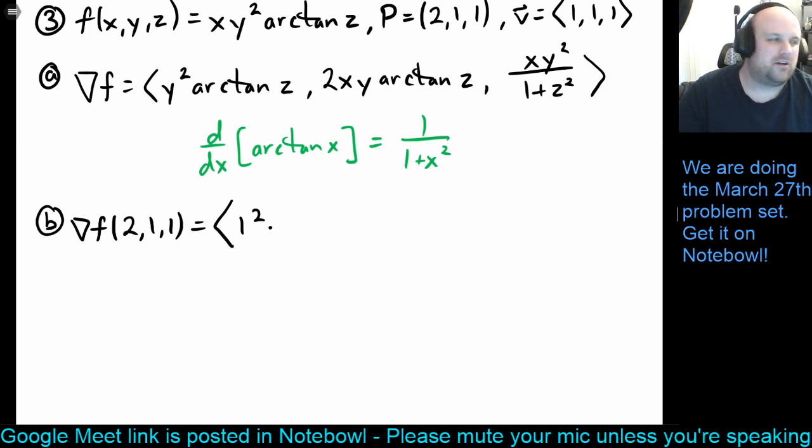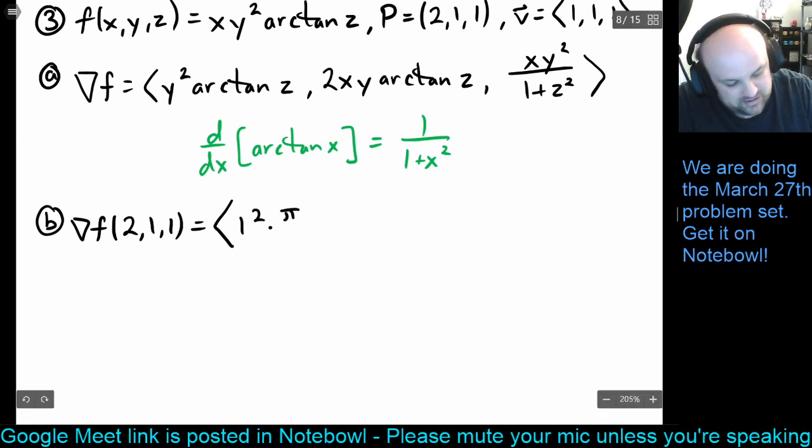So remember, arctangent of 1, we're asking, well, at what angle is tangent equal to 1? Tangent is sine over cosine, so we're asking where sine over cosine... Yep, pi over 4. Yeah, so we're asking the angle where sine and cosine are equal. So we get a pi over 4 here.